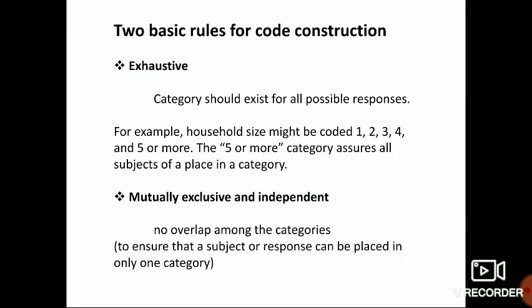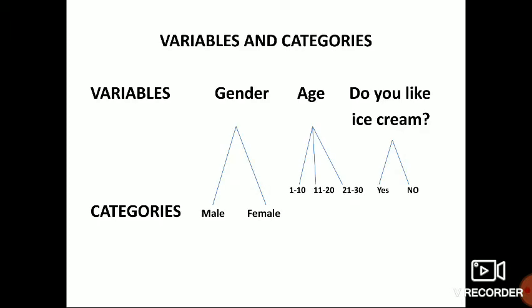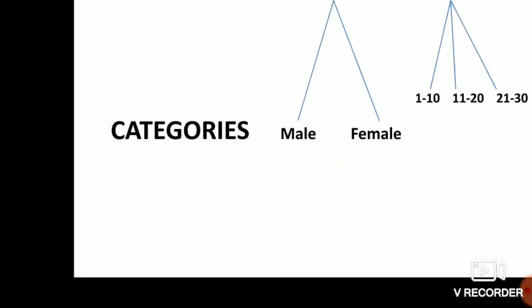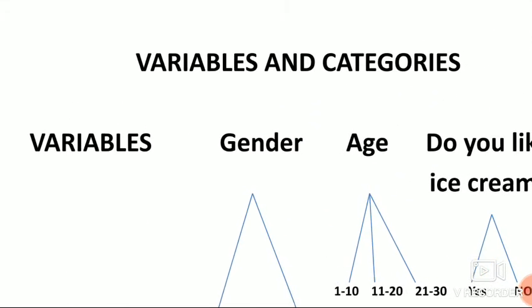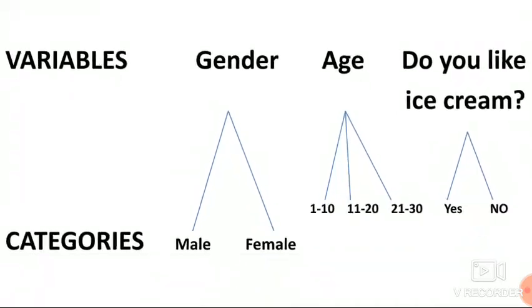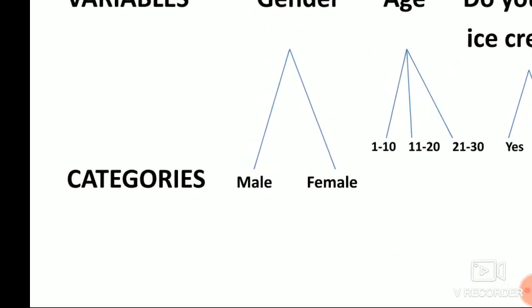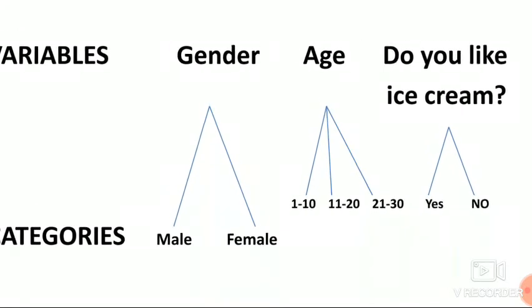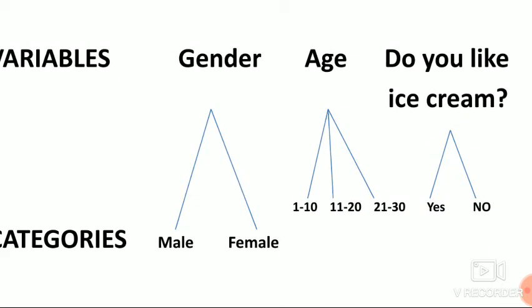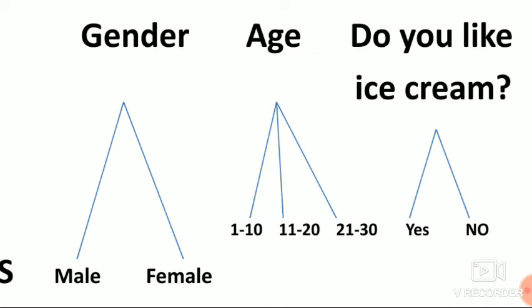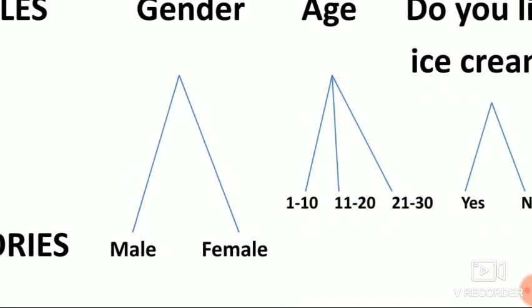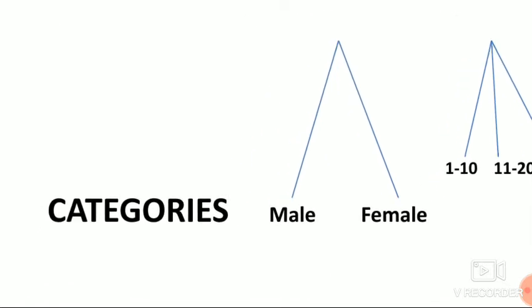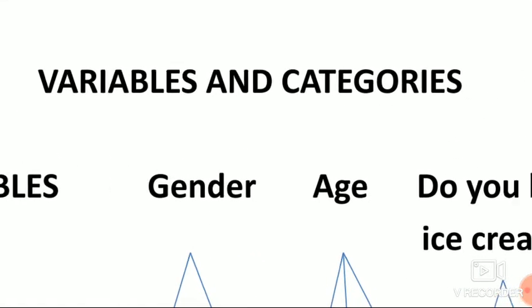So in coding, we do coding work on categories, not on variables. Gender can be divided into male and female, age into 3 categories. See this question: do you like ice cream? Its answer can be divided into 2 categories. In coding, you assign numeral values or symbols to categories, not to variables.